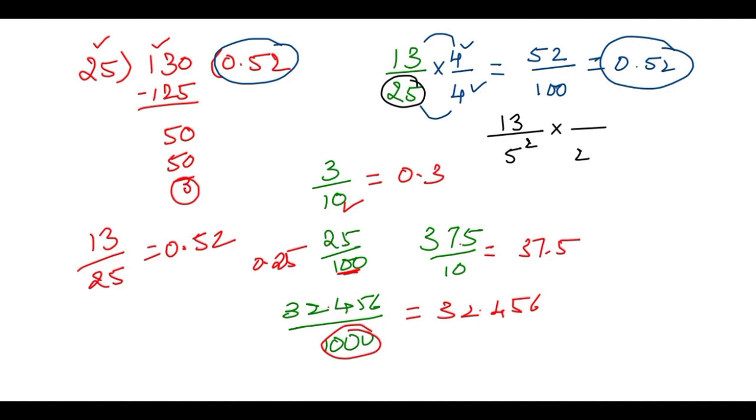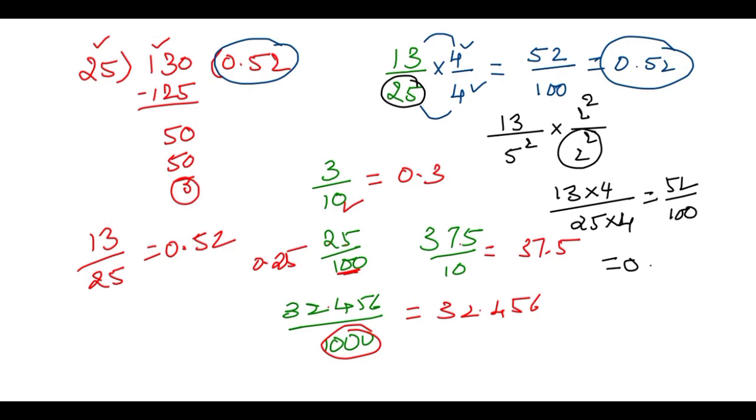That means 2 times, so that 2 times 2 also we take here, meaning numerator and denominator both we multiply by 2 square. Then 13 into 2 square is 4, and here 5 square is 25 into this 2 square, that is 4. So finally 52 by 100, that means 0.52. So like this also we can write.